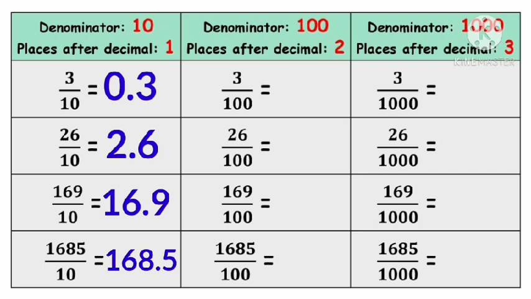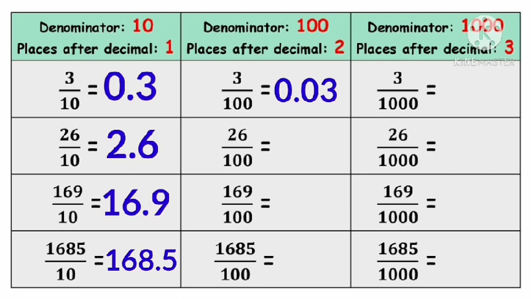In this, the fractions are having the denominator as 100. So, the places after decimal should be 2. That is, tenths and hundredths. The first fraction is 3 by 100.